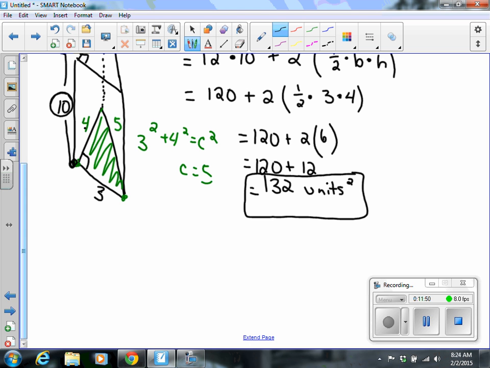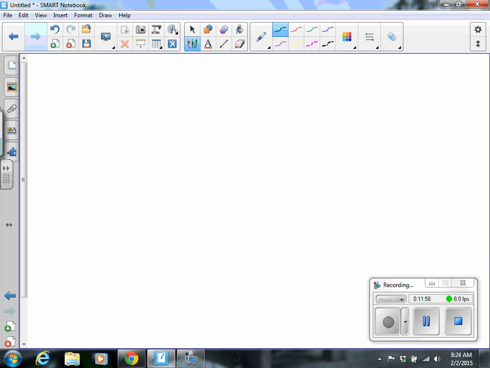Okay, so looking at this, I'm going to give you another problem, and I want you guys to work on it on your own. On your own, what that means is you're going to be asked a question. So you'll find the lateral area and the area of your two bases, and you'll have to find the surface area. You have to answer it, and then I'll go through it with you.